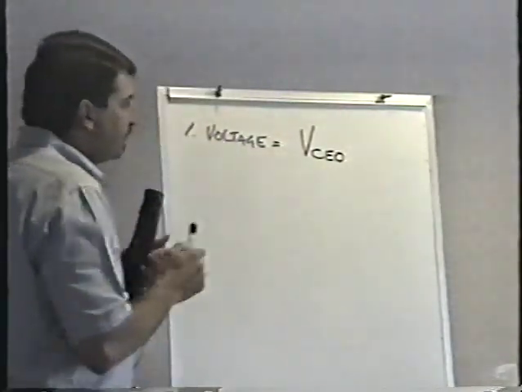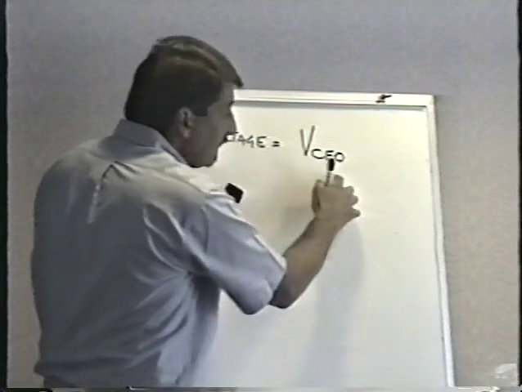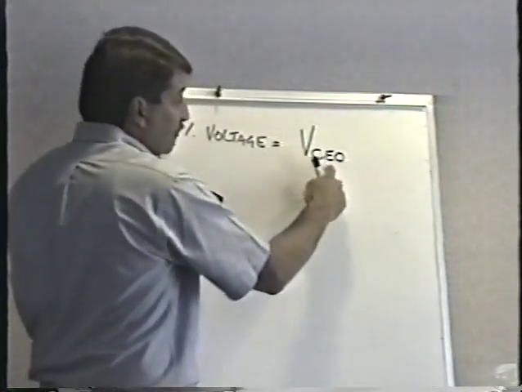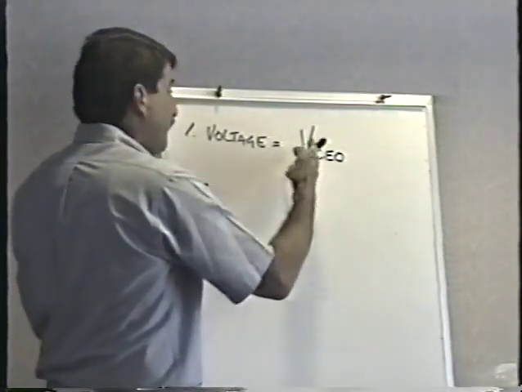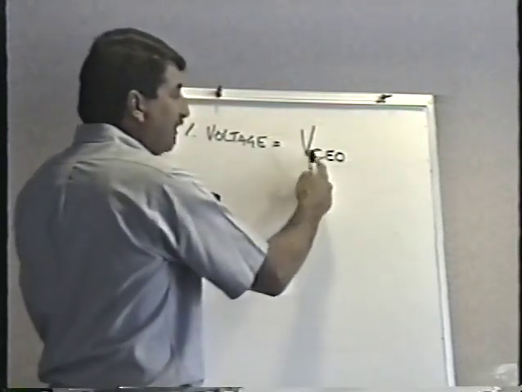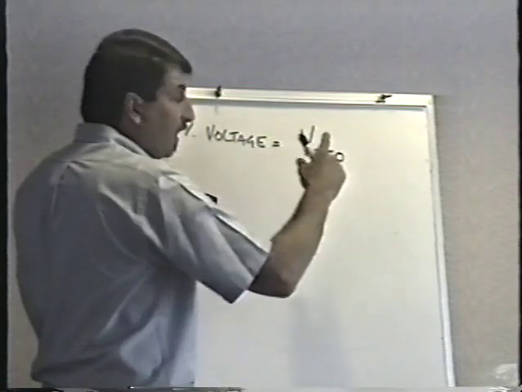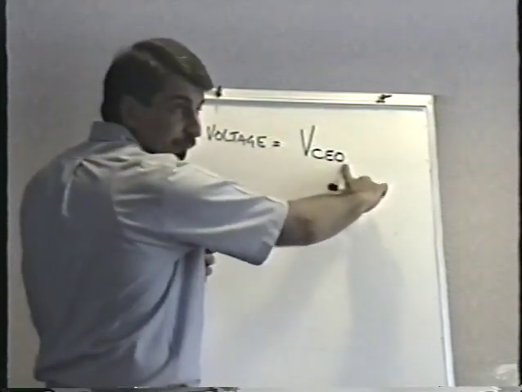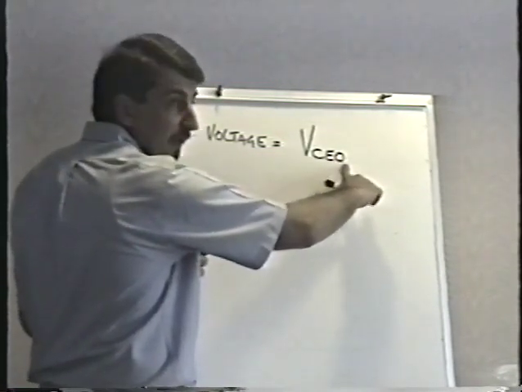Remember, these little letters are called subscripts, and they further describe what we mean by the big letter. V is obviously the voltage rating. It's the voltage rating from the collector to emitter when the base is open. That's what that O means.